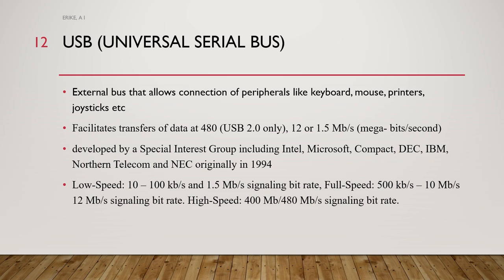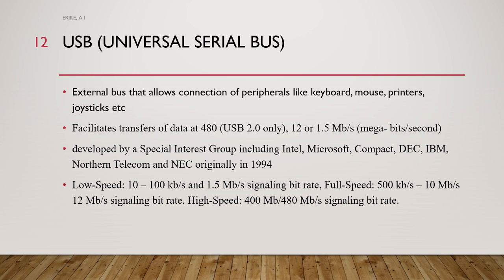Now, at full speed, the transmission is between 500 kilobits to 10 megabits per second with a 12 megabits per second signaling rate. When it assumes high speed, the transmission is at 400 megabits and then at 480 megabits signaling rates.